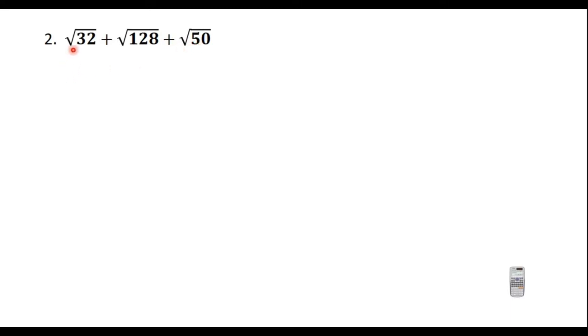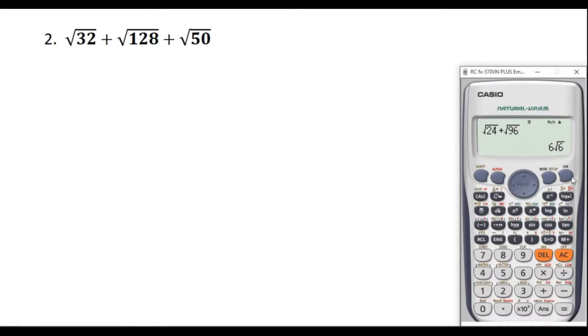So once again, you press this on your calculator to give you the two numbers. So let's do it for this one too. So you press square root of 32 on your calculator. Square root of 32 is giving us 4 root 2. So the perfect square you are looking for is 4 squared, which is 16. Then the other number will be 2.